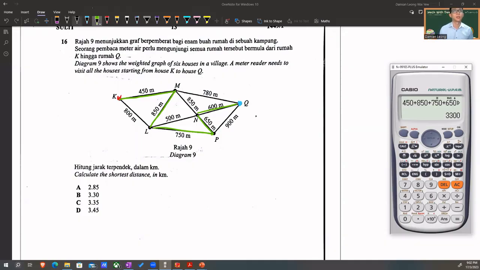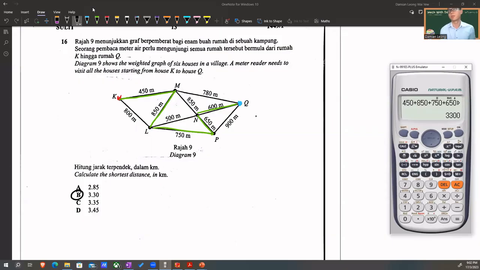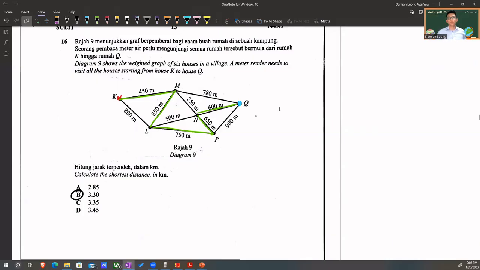Answer would be B. 3,300 meters means 3.3 km. Answer B. So we basically see which one is possible, and then we just compare which pathways are possible.